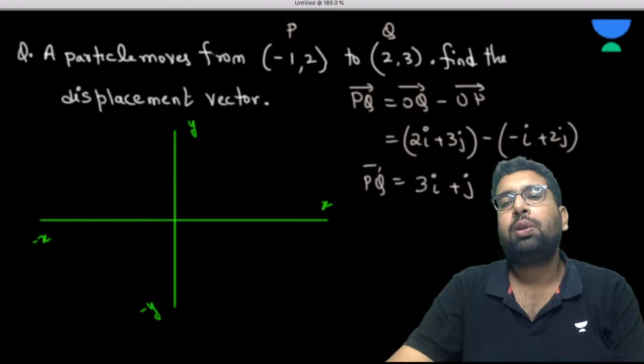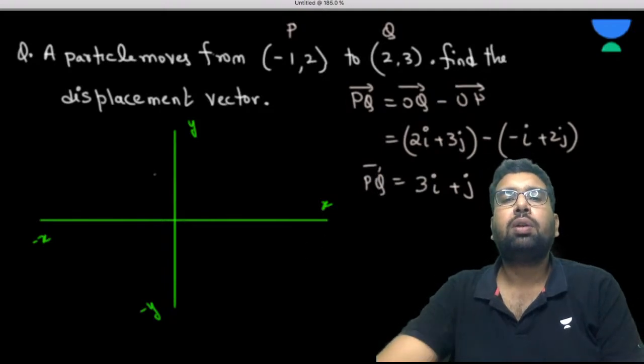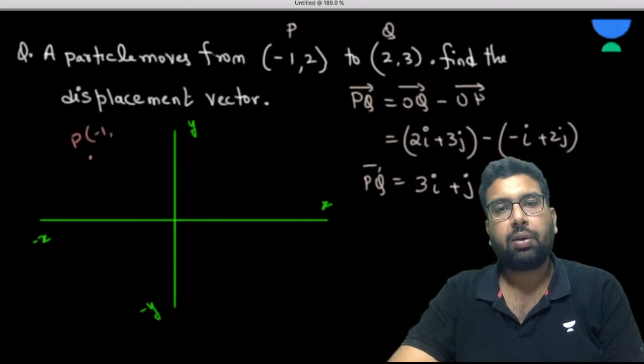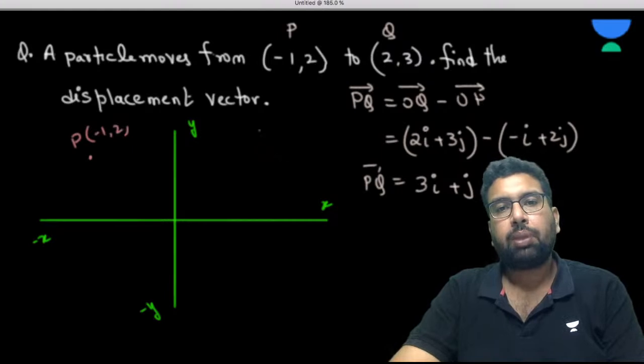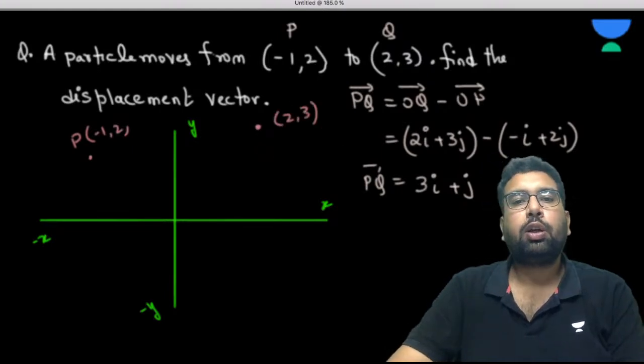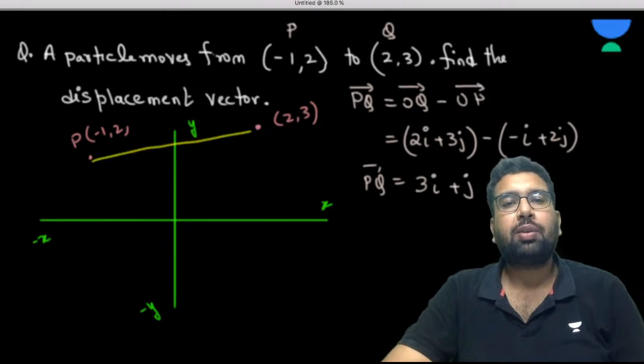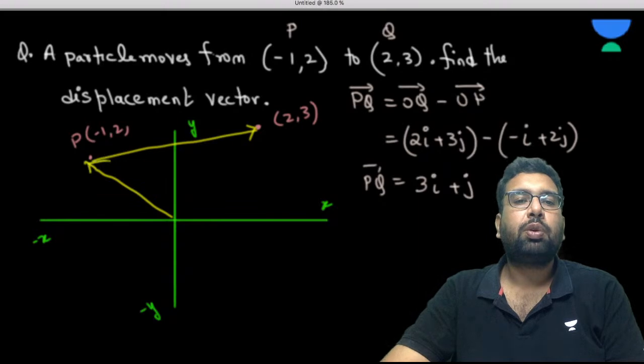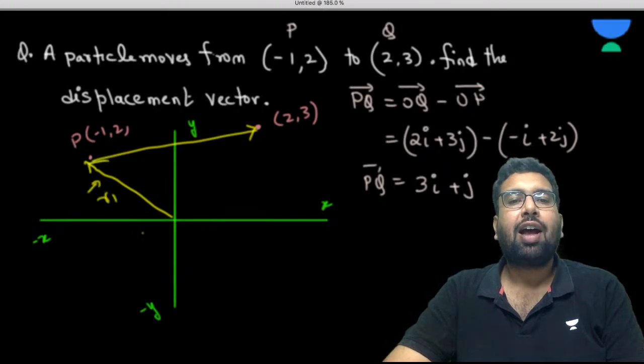Or you can do it this way if you want to visualize it also. P point is somewhere here at the coordinates of minus 1 and 2. And Q point must be somewhere here at the coordinates of 2 and 3. So these are the position vectors. This is your R1 vector, this is your PQ vector, and this is your R2 vector.